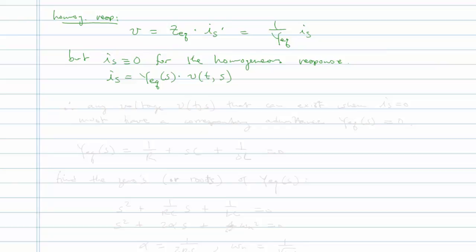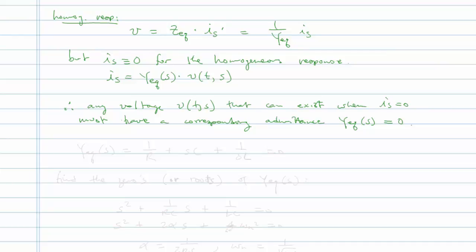And by definition, we turn off the source I, so there must be no current flowing. The only way to do that is if Y equivalent is equal to 0. Therefore, any voltage V that can exist when I_S is equal to 0 must have a corresponding admittance Y equivalent that is equal to 0.